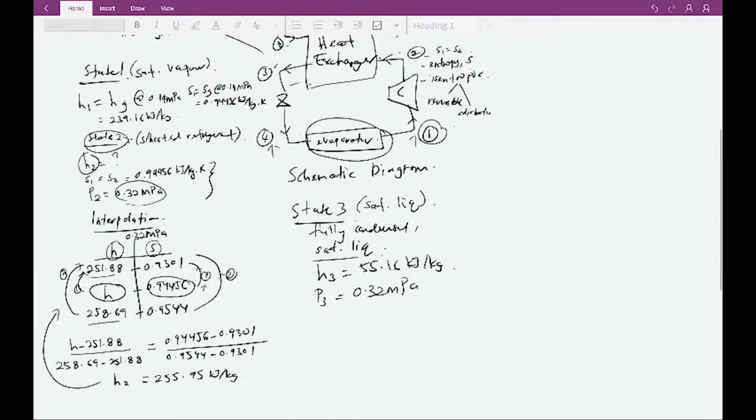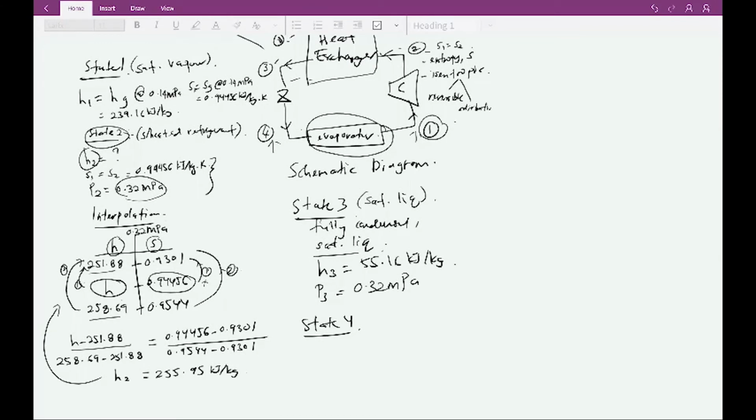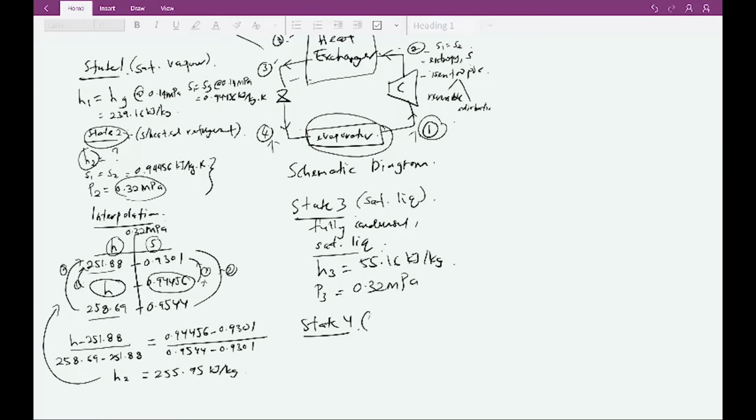And then after we get the enthalpy for state 3, we jump into state 4, where it goes through the throttling process. From 3 to 4 is a throttling process, where one characteristic of the throttling process is that we get the same enthalpy from 3 to 4, H3 equal to H4.